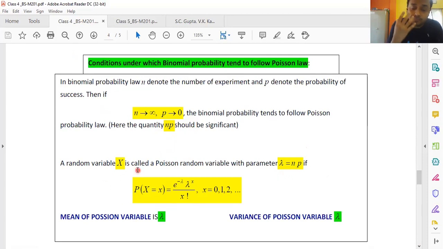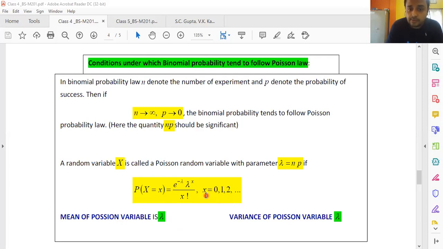then if we have a random variable capital X whose probability mass function is defined as e to the power minus lambda, lambda to the power x, divided by x factorial, where x takes any value starting from 0 up to infinity, then such a random variable is called a Poisson variable with parameter lambda.